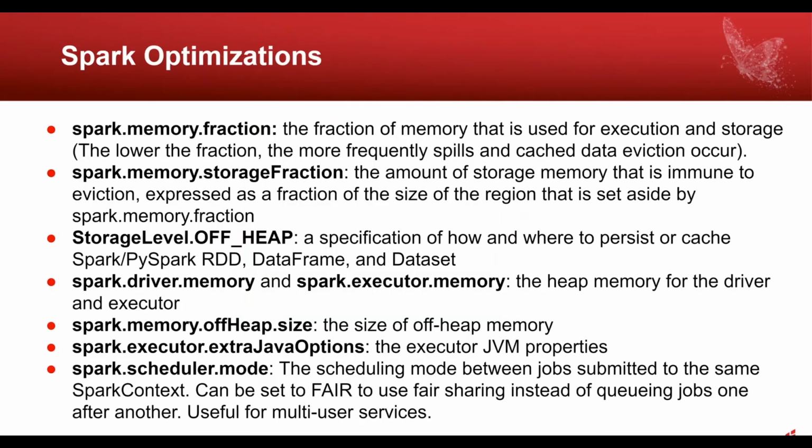Storage level. Storage level is a special parameter that you will use if you persist some data set, for example. How does it work? For example, in your Spark job, you are going to do a lot of calculations on some data set.